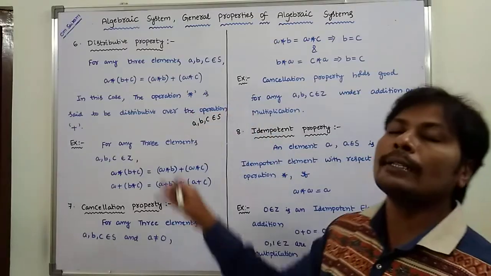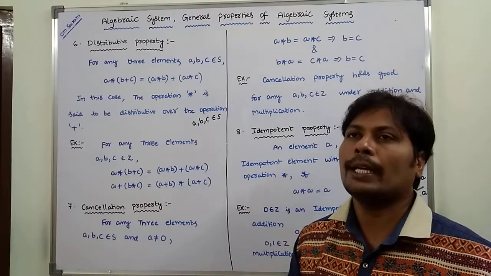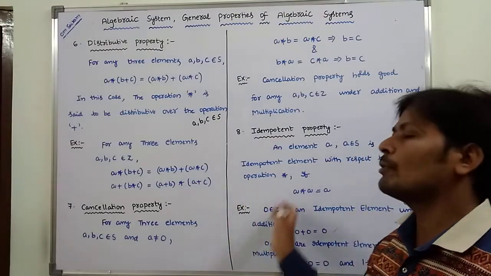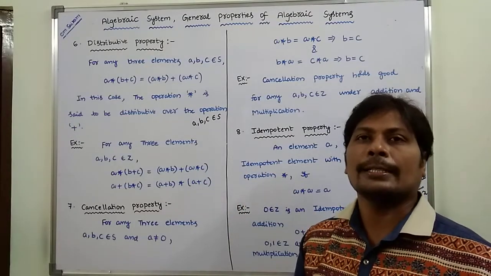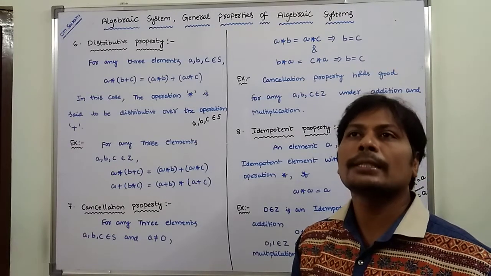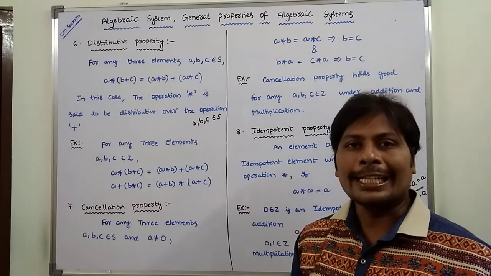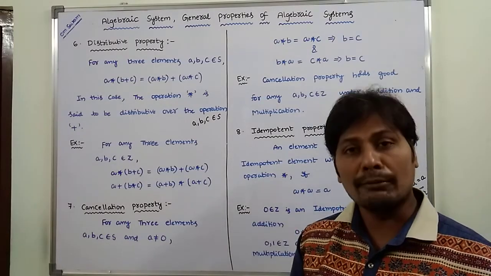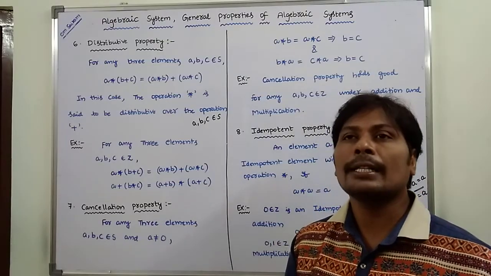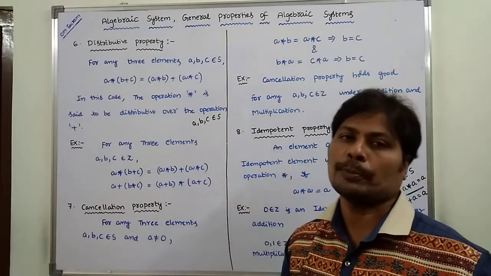So these are the properties of algebraic system. What are the properties we have discussed? One is closure property, second is associative property, third is commutative property, fourth is identity property, fifth is inverse property, sixth is distributive property, seventh is cancellation property, and eighth is idempotent property.